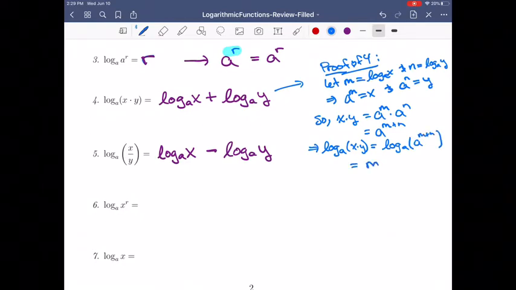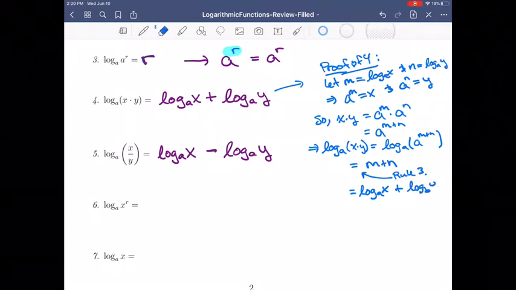And we know that's m plus n, from rule 3: if I have log base a of a to some power, it's just the power. But m was log base a of x, and n was log base a of y.